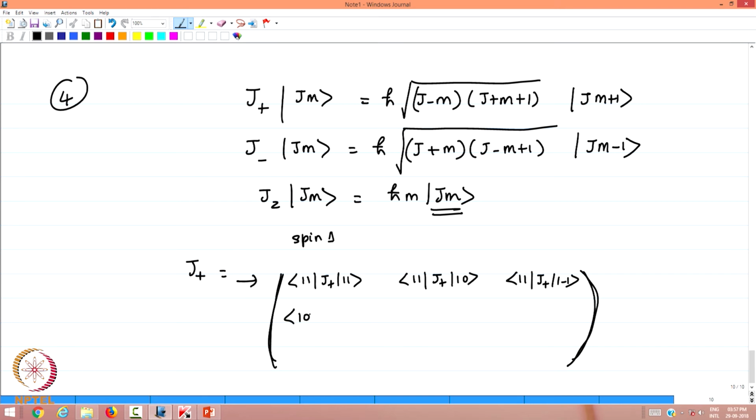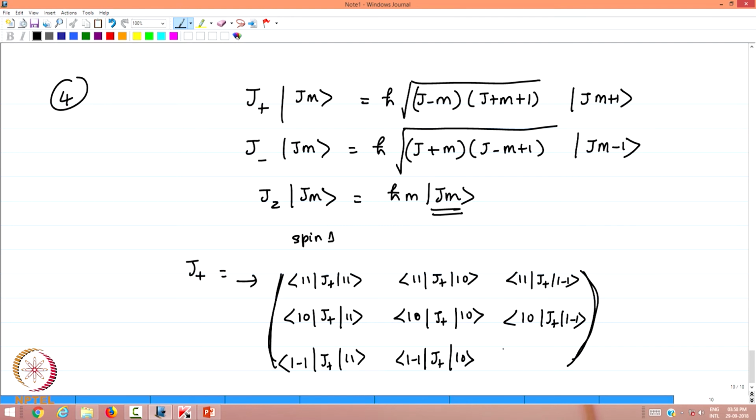The next one is 1 0 j plus on 1 1, 1 0 j plus on 1 0, and 1 0 j plus on 1 minus 1, and likewise 1 minus 1 j plus on 1 1, 1 minus 1 j plus on 1 0, and 1 minus 1 j plus on 1 minus 1.